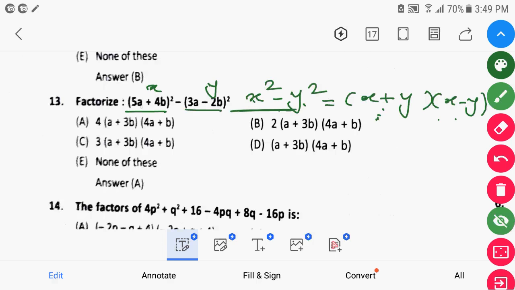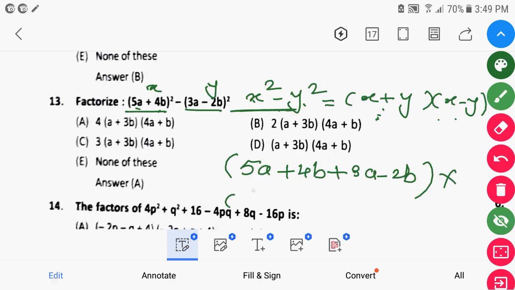Now our x is 5a plus 4b. So put the values: 5a plus 4b plus 3a minus 2b, and multiplied by, again put the values, 5a plus 4b minus this 3a becomes minus 3a, and this minus 2b becomes plus 2b.